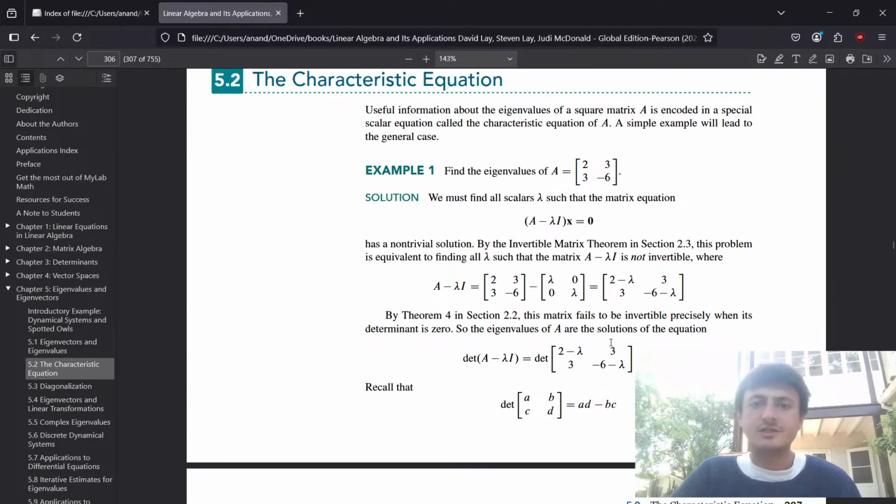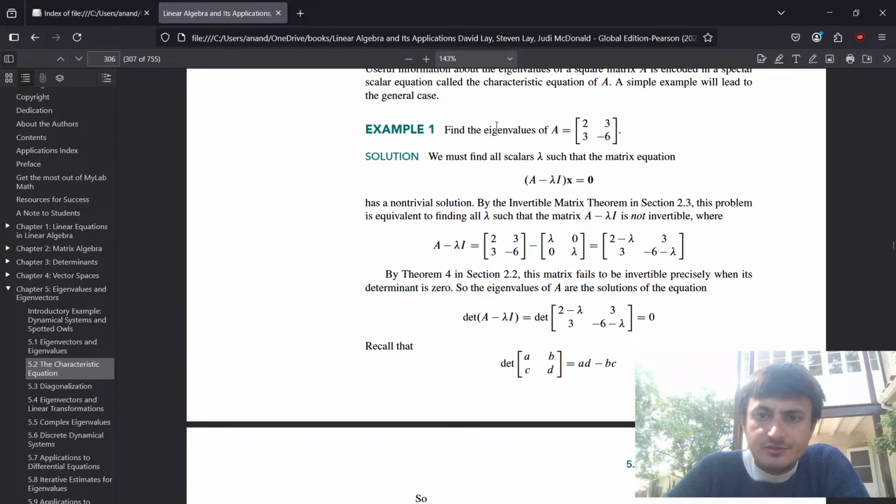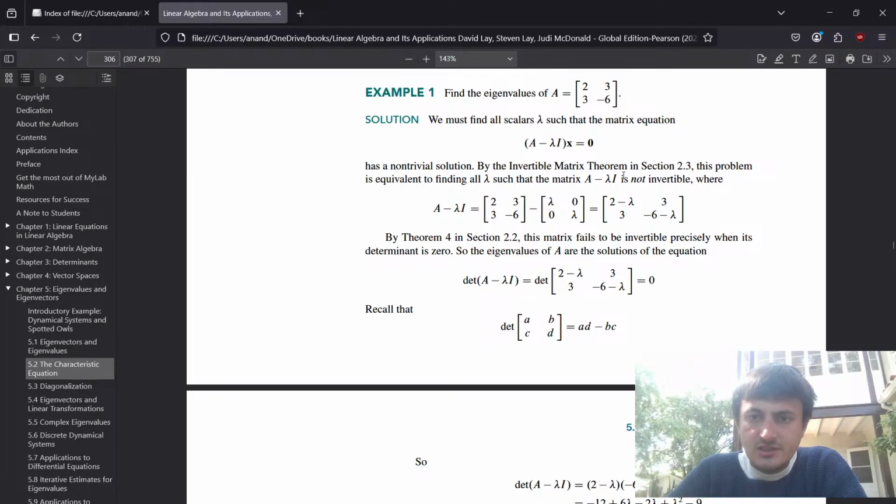All right. So useful information about the eigenvalues of a square matrix A is encoded in a special scalar equation called the characteristic equation. All right, so finding the eigenvalues. Remember, we construct this matrix A minus lambda I, and we are trying to find the non-trivial solutions of this.